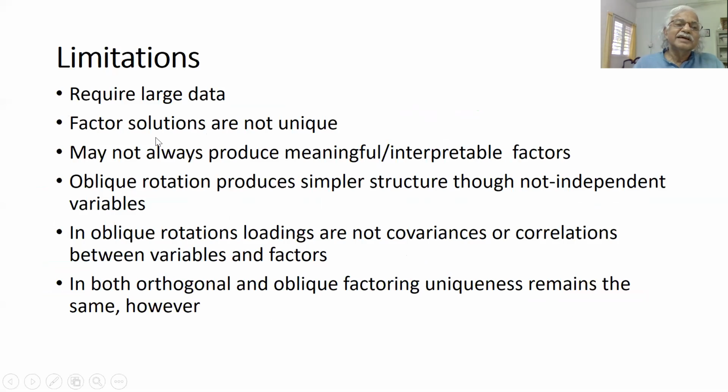At the end, I must say that factor analysis has some limitations also. It requires large data. How big? There is no rule as such, but generally the case variable ratio has to be 20-25.